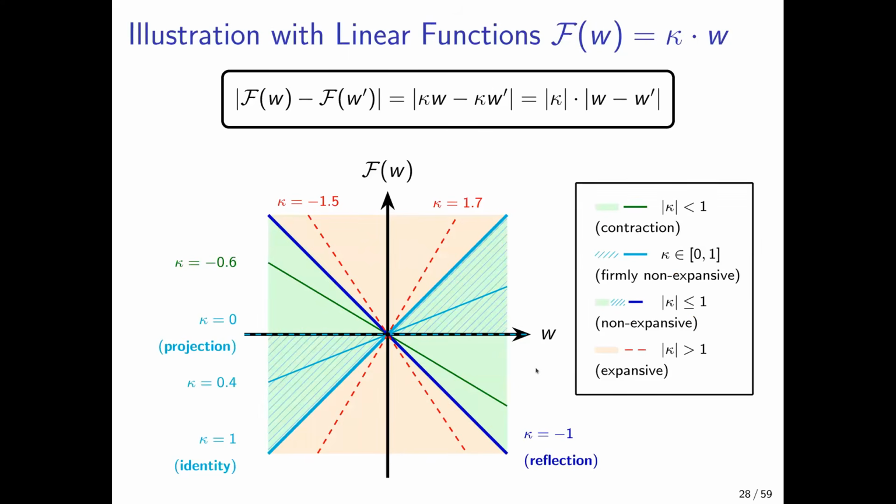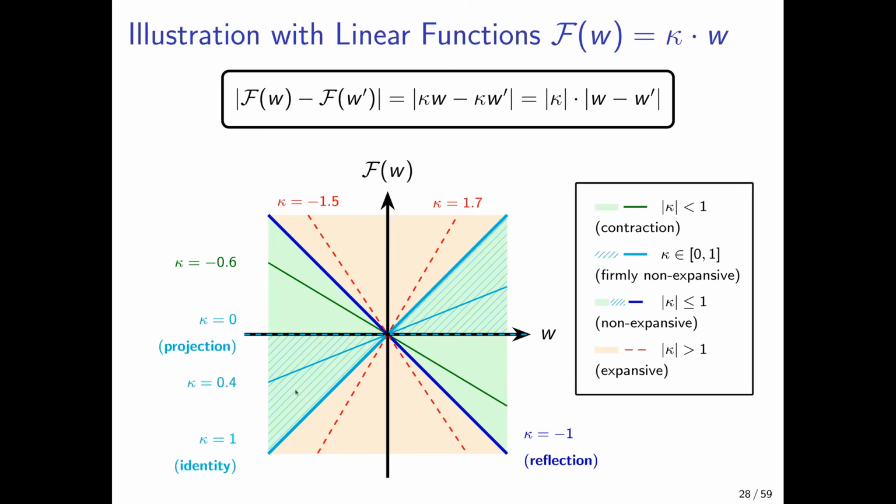Now let's have a look at this again in the one-dimensional case, because then we can illustrate this nicely with a figure. So once again, let's look at this simple linear function. We multiply w with some kappa. We have seen this before already for the contraction case. If kappa is smaller than 1 in absolute value, this is a contraction, and so this is everything in this green zone.